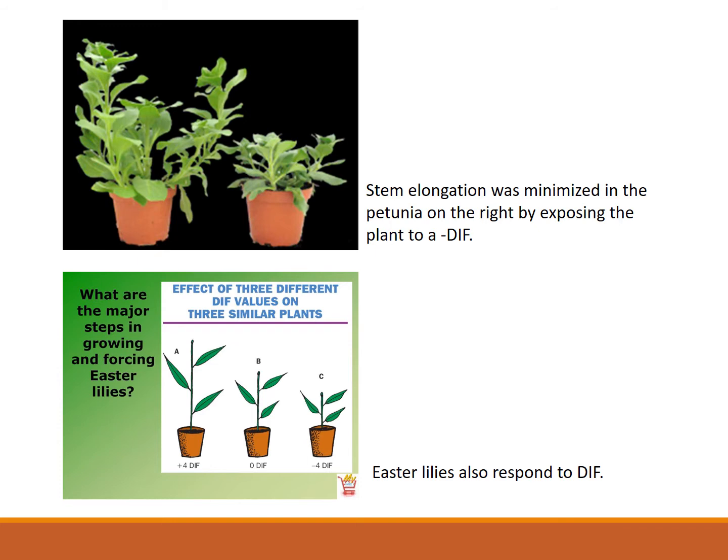And then if we look at C over on the right-hand side, that plant was grown under conditions of negative diff, which means that the nighttime temperature was greater than the daytime temperature, and the plant that resulted from that was short and compact.